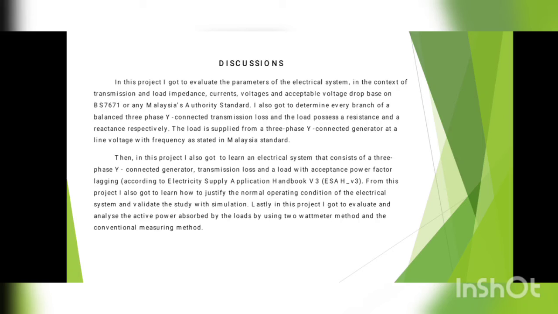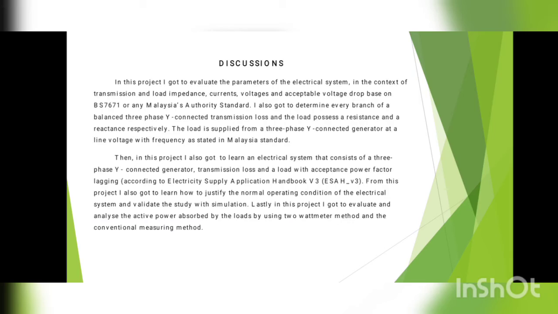I also got to determine every branch of a balanced three-phase wire-connected transmission loss and the load possessing a resistance and a reactance respectively. The load is supplied from a three-phase wire-connected generator at the line voltage with a frequency as stated in the Malaysian standard.